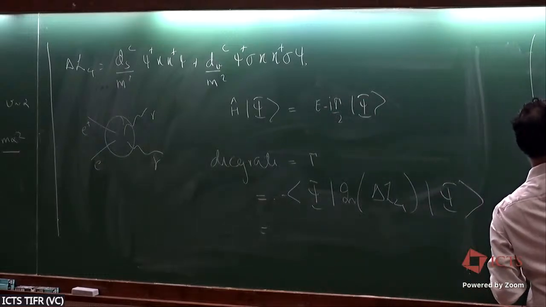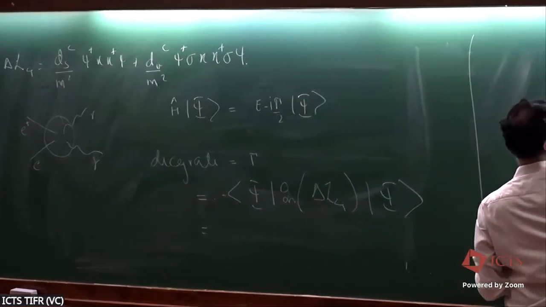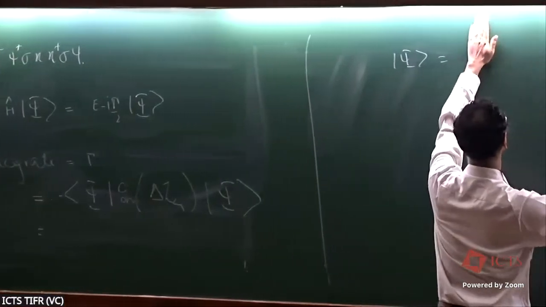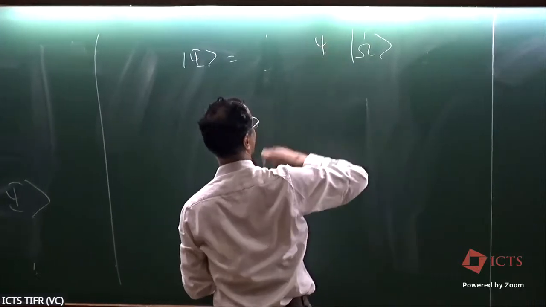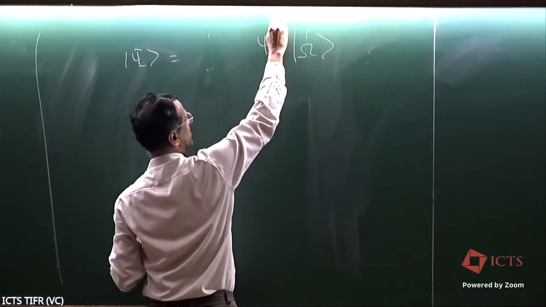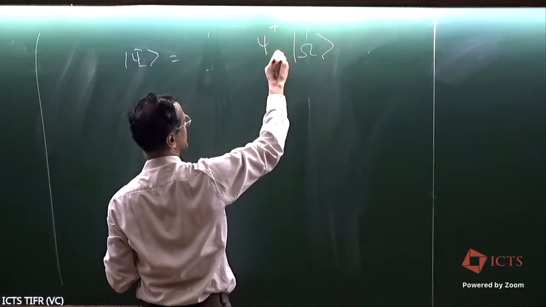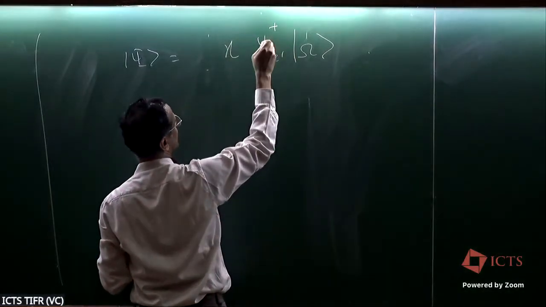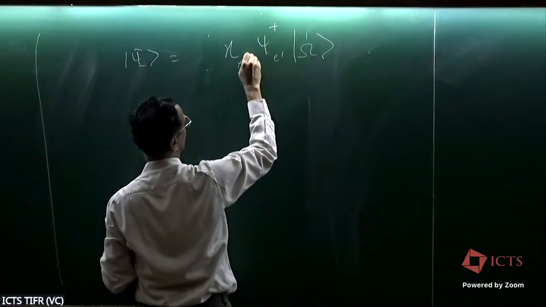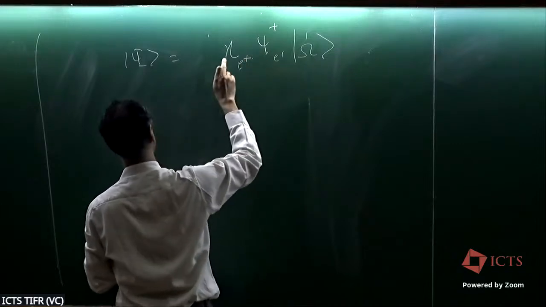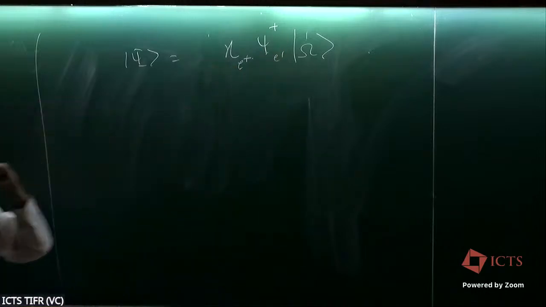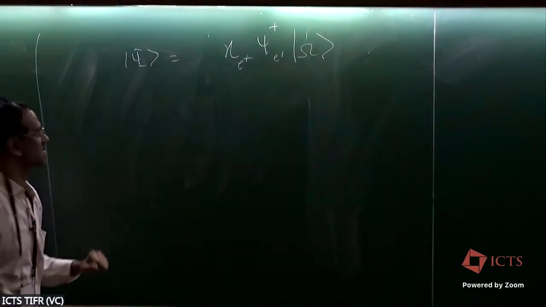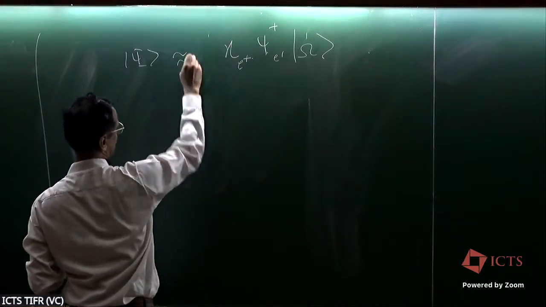The state that I would consider would be something like this. I have an electron, so psi dagger creates an electron, and chi creates a positron. Sorry, chi creates a positron, and psi dagger creates an electron. So my state will be something like this. Let me make it more concrete.